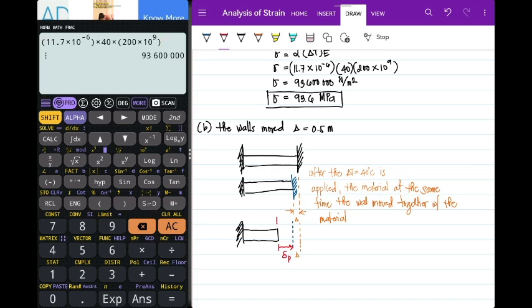Okay, so basically what this means is our material is fixed at both ends.